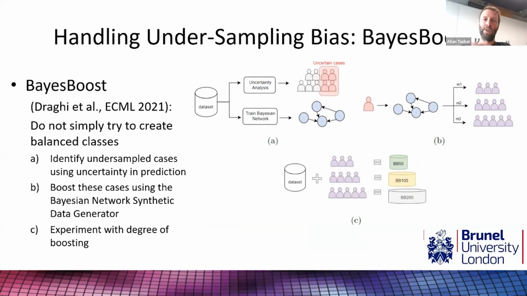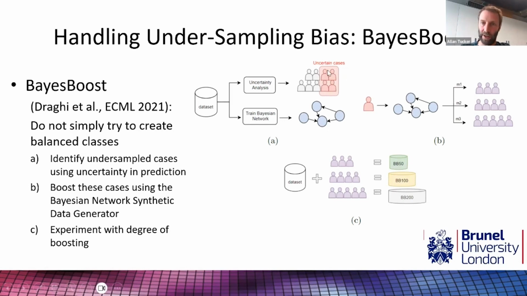The overall idea within Bayes boost is firstly to identify particular cases, so members of the public, the population, who are difficult to predict for a particular disease outcome. If we're trying to predict, let's say, cardiovascular disease or stroke, we ask which individuals have been difficult or uncertain to predict.